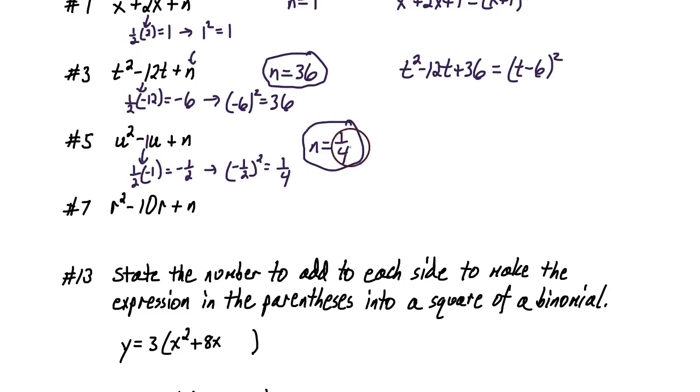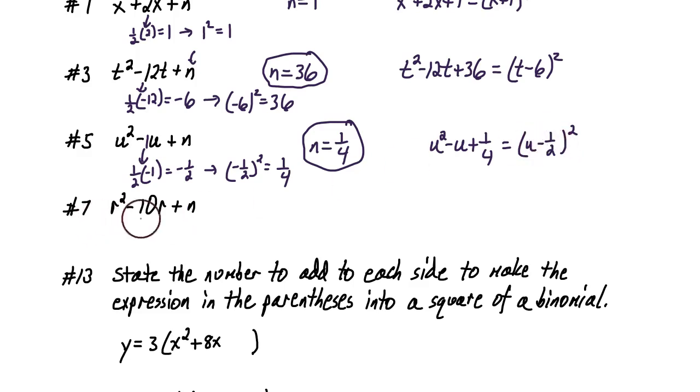Okay, this question is done. But again, let me give you a little bit of extra information on it. If n was 1/4, then our trinomial would be u squared minus u plus 1/4. And that could be factored as a binomial squared. This would be u minus a half inside there.